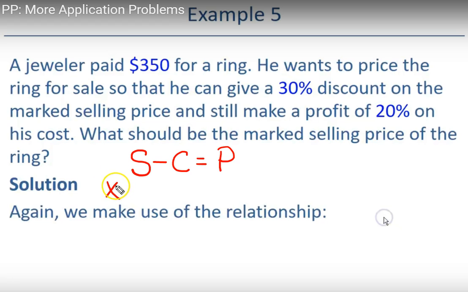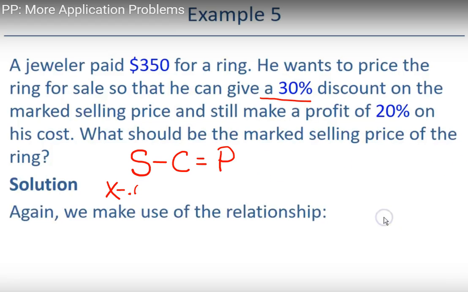But before it goes out the door, he wants to give the person a 30% discount. That makes it seem like they're getting a good deal. So the selling price will be what it's originally priced at, now minus 30%.